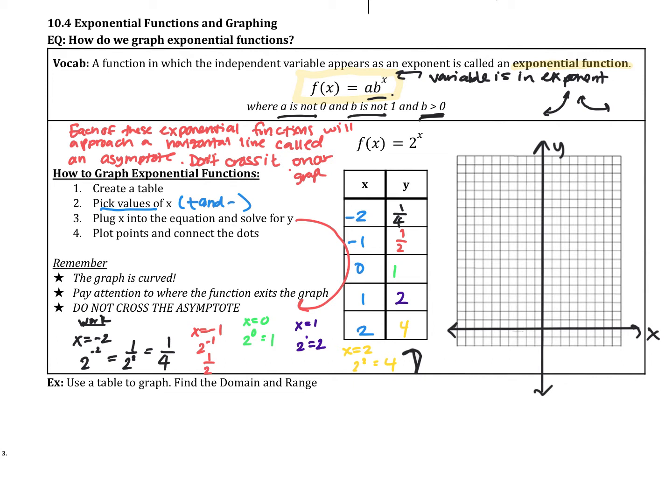And what I'm going to do next is figure out how I want my scale factor to go. If I have the x-axis just go by ones, this is going to be kind of squished together. If I have this be 1 and this be 2, my graph is just going to be squished right here, which is going to be hard to see. So instead I'm going to make every line 1/2. So this is going to be 1, and over here this will be 2, just so that it's spaced out.